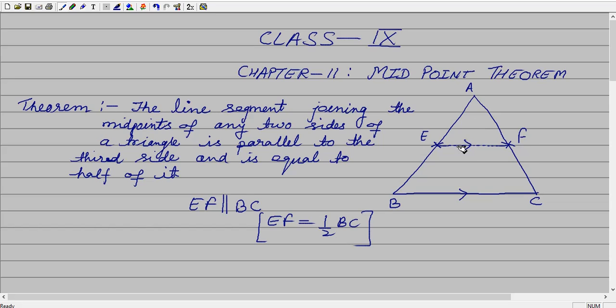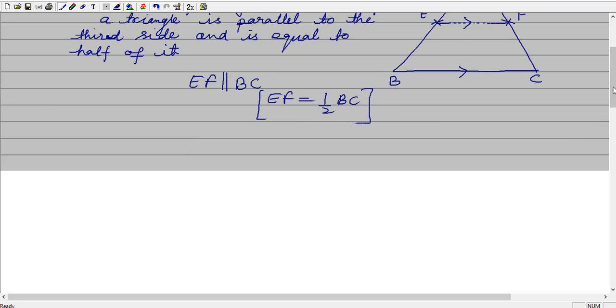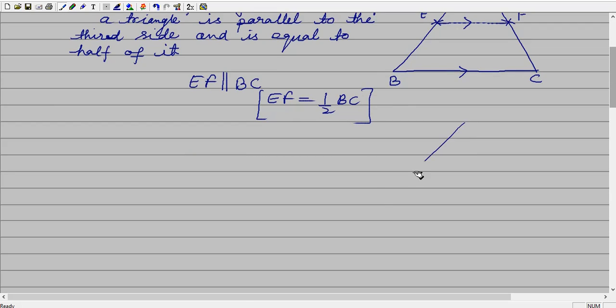Not only that, it is not always the midpoints of AB and AC. You can choose any sides to take the midpoints of. I give you another example, with triangle ABC.